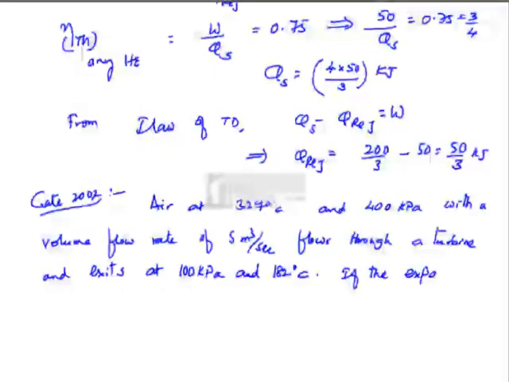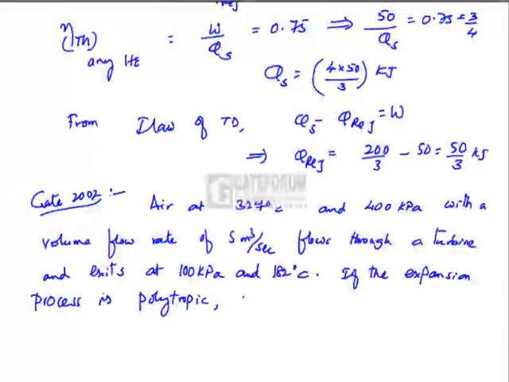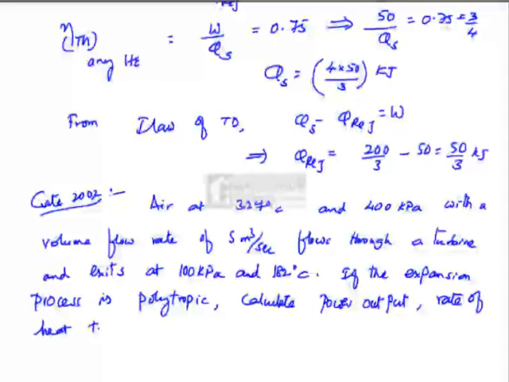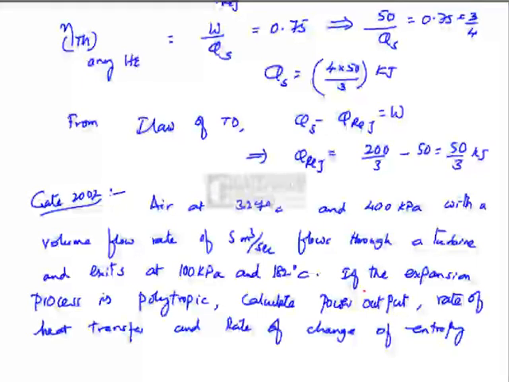If the expansion process is polytropic, calculate the power output, the rate of heat transfer, and the rate of change of entropy.